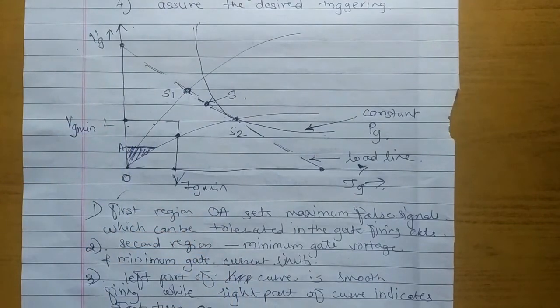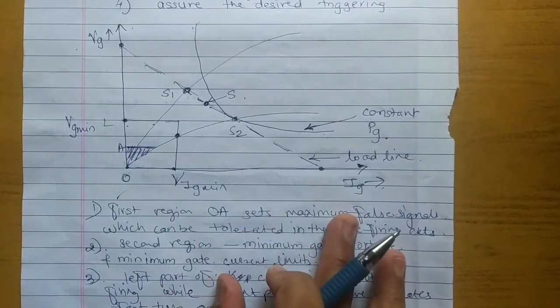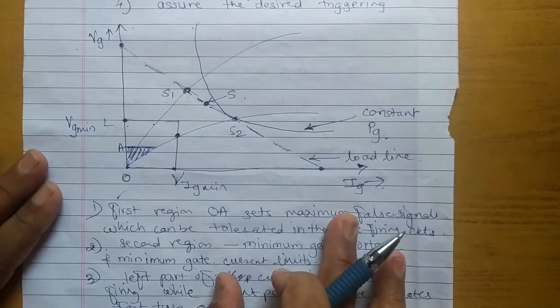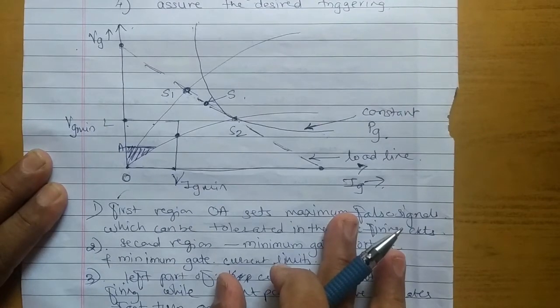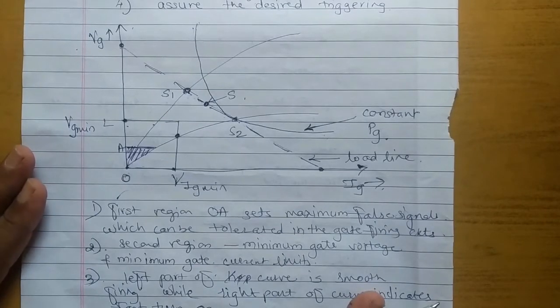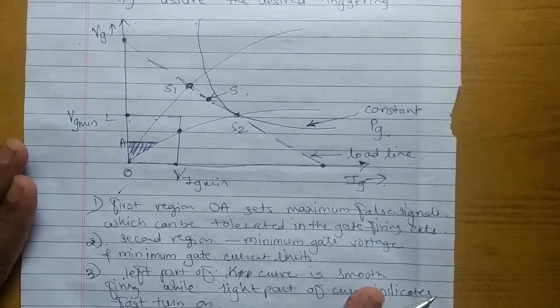So now if I look at this characteristic of the gate thyristor, here I can understand that we can design the circuit by considering this gate characteristic. So we have to see the gate circuit design also.